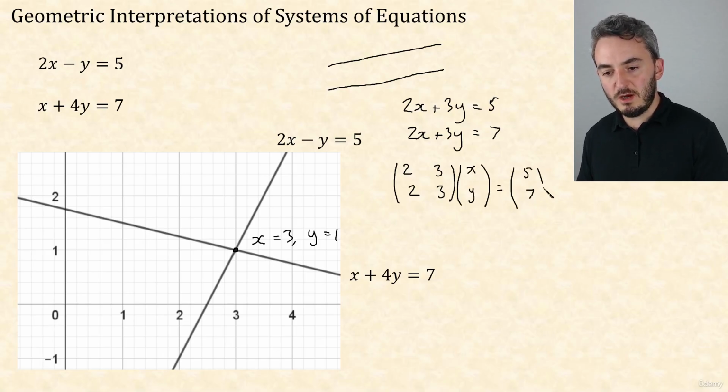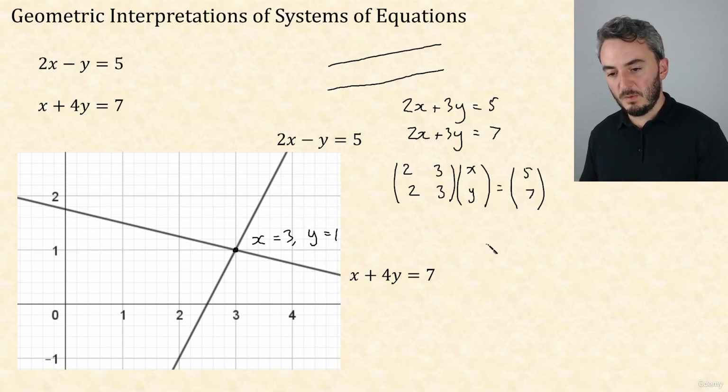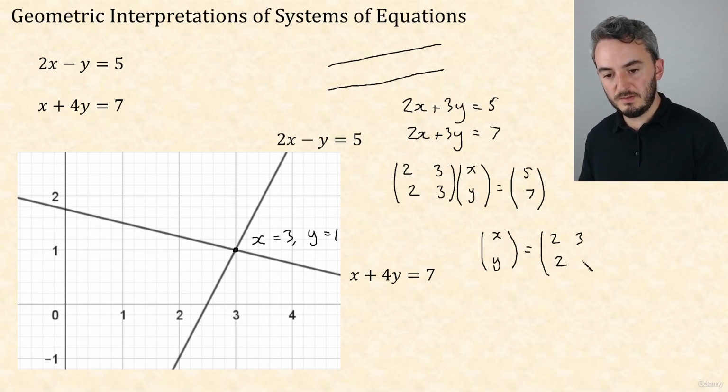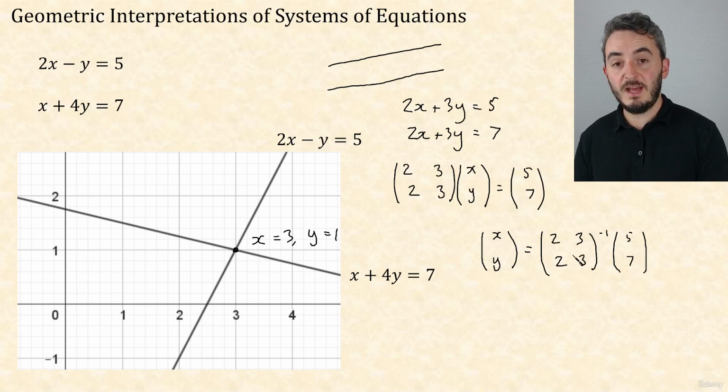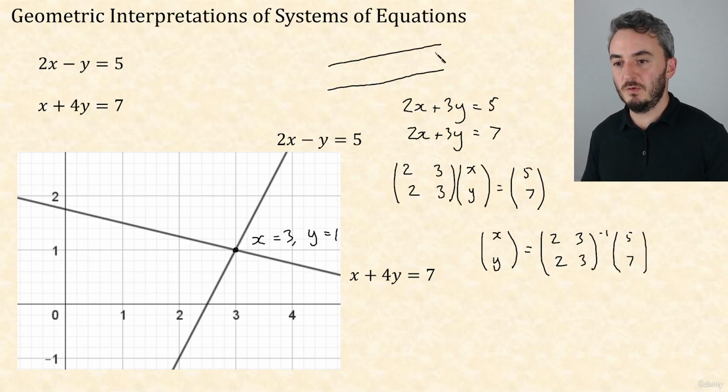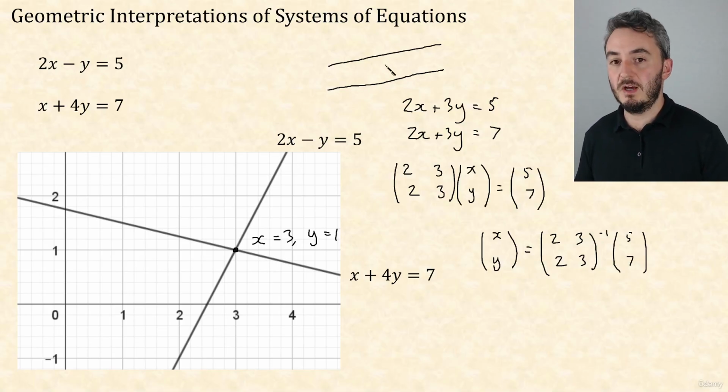Now, why can't we use our matrix inverse method to solve this? Well, because if you try to do x, y equals the inverse of 2, 3, 2, 3 times 5, 7, you run into a problem because the matrix 2, 3, 2, 3 has no inverse. It's a singular matrix. Look, its determinant, 2 times 3 minus 3 times 2, is 0. So that's good, right? Because that confirms that there is no solution to 2 parallel lines crossing.